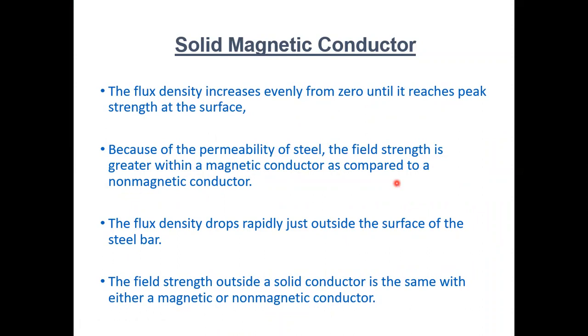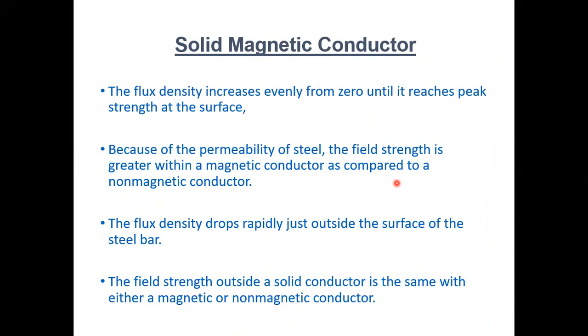Means if you are applying current to a non-magnetic conductor, field strength is less within the conductor as compared to a magnetic conductor, because of permeability the magnetic field will be higher within the conductor. I'm not saying outside the conductor. Outside the conductor, about the same field, not exactly but about the same, for magnetic as well as non-magnetic conductor, because outside field depends on the permeability of the outside media.